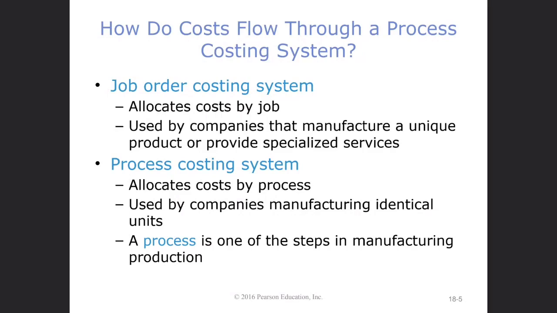But their everyday bakery items that they have on sale for regular customers would be different. So anything unique or specialized, just keep in mind, is normally tracked based on job order costing.